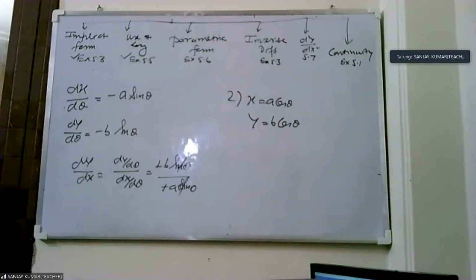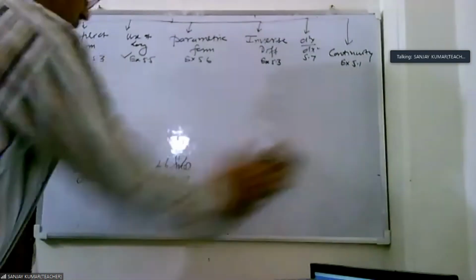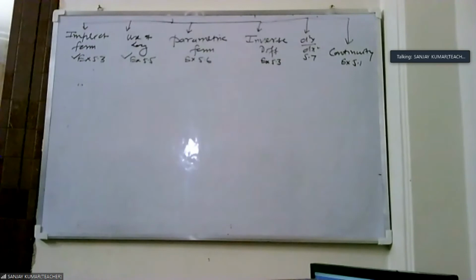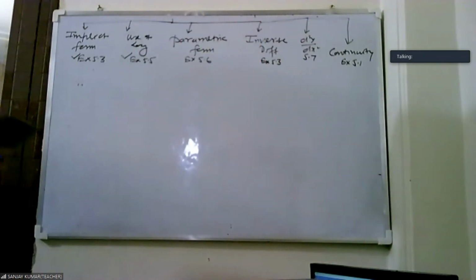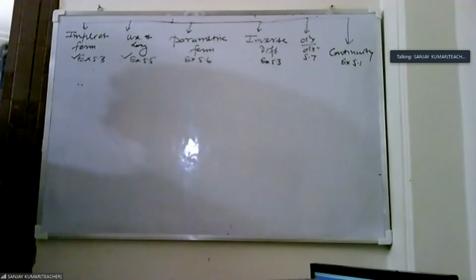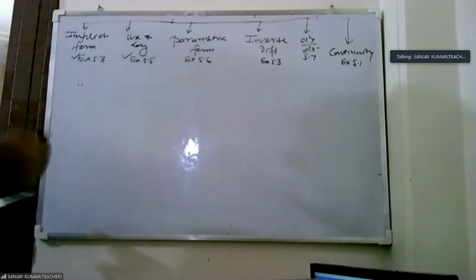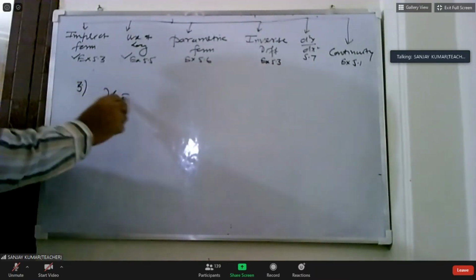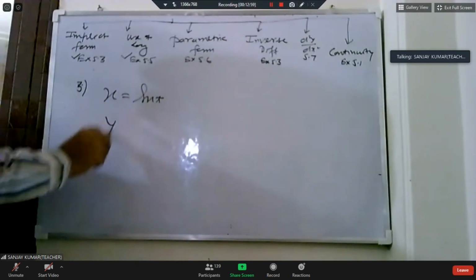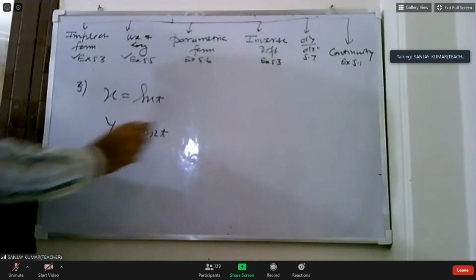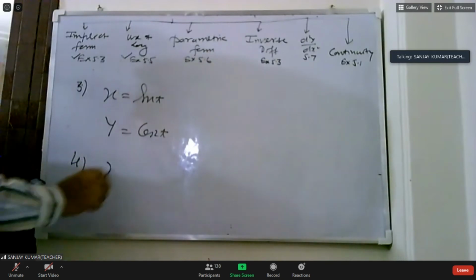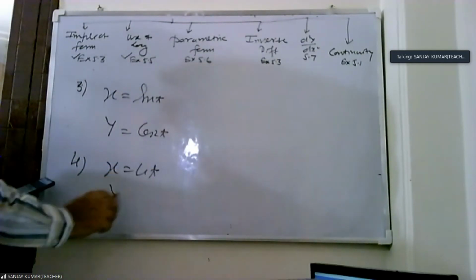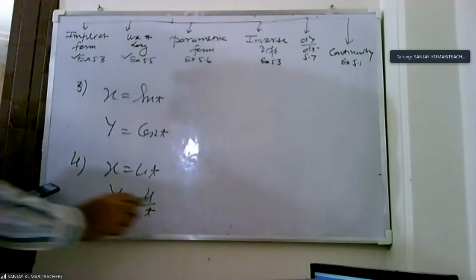Okay, now I have written 5 questions for the exercise. We start the answer of the second question. Look, third is x equal to sin t, y equal to cos 2t, find dy by dx. Fourth question, x equal to 4t, y equal to 4 by t, find dy by dx.